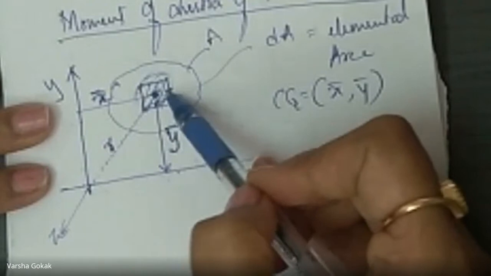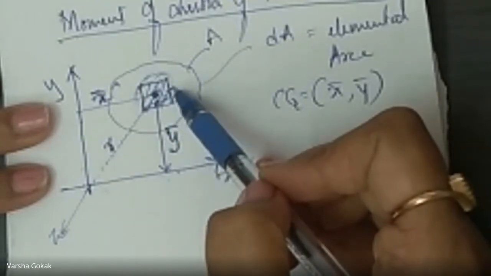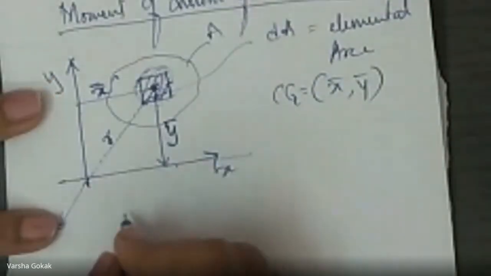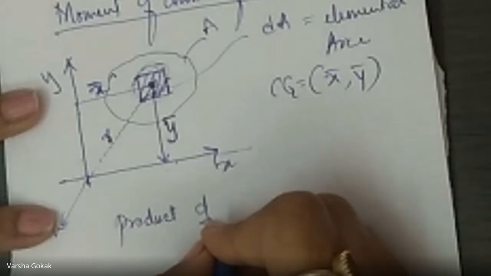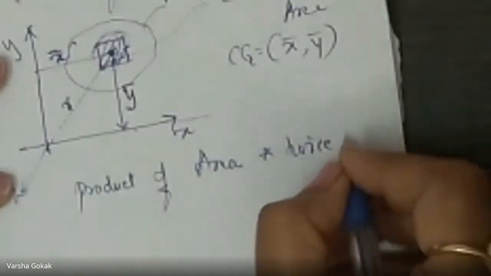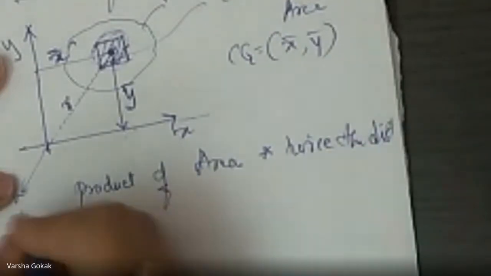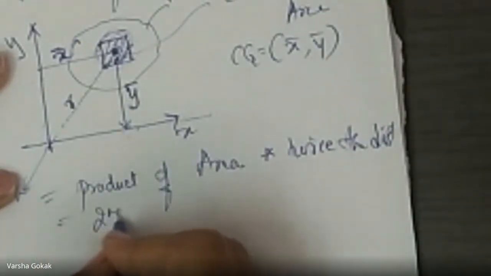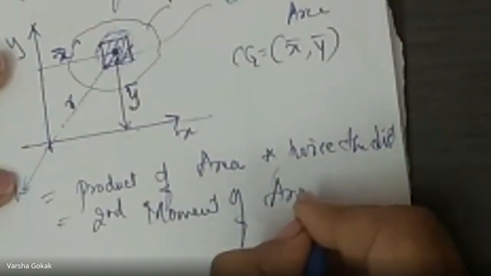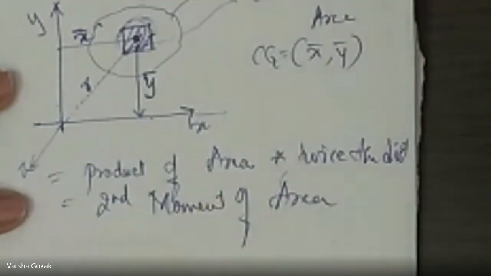But if I'm talking about differential area, the moment of inertia of a differential element of area dA about any axis is defined as the product of the area into twice the distance, right? That is second moment of area.